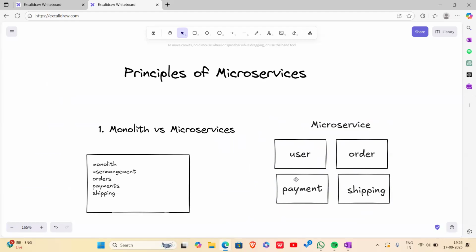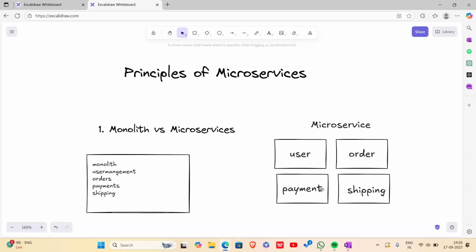Each service can scale independently, uses its own database, and can be deployed by different teams.